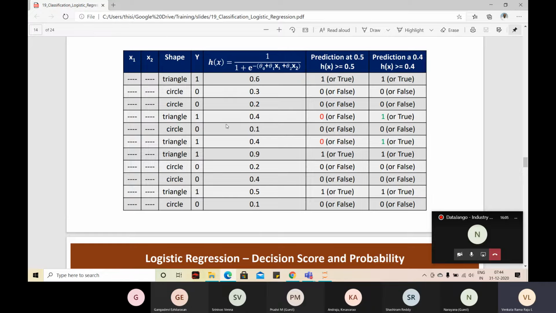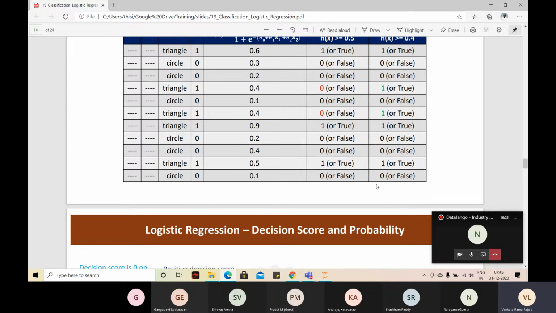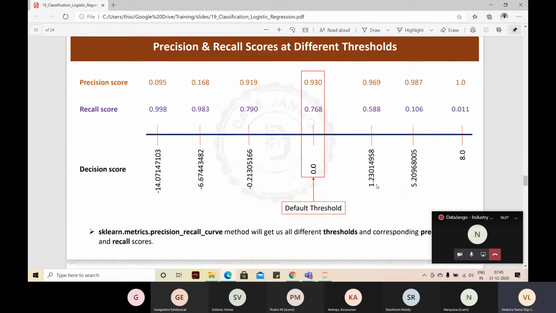Theoretically, I tried to create an example here, but in real time this is not going to be ideal. If you make some one right, others may become zero. Some other records' predictions may become zero. So it kind of goes here and there on the precision and recall scores.